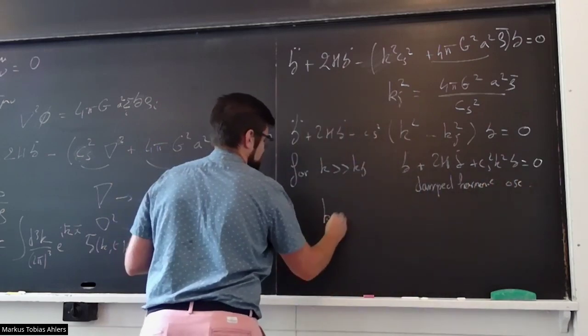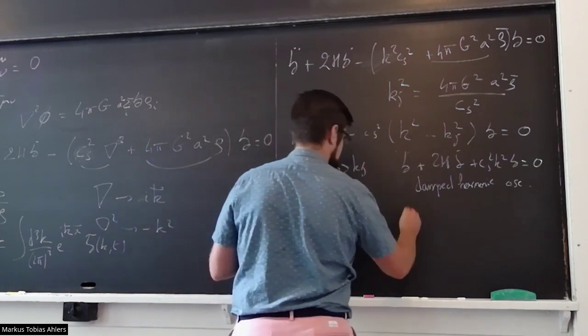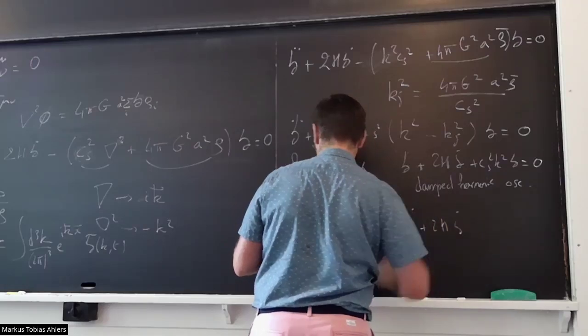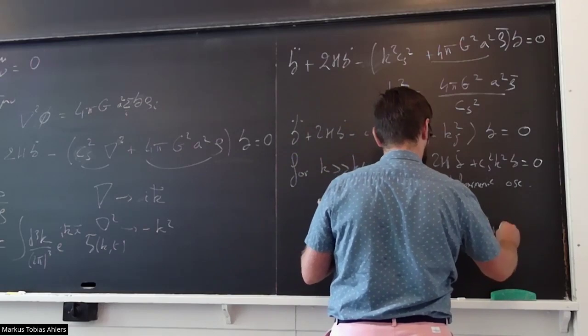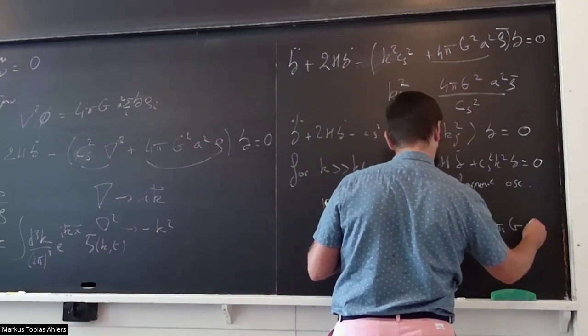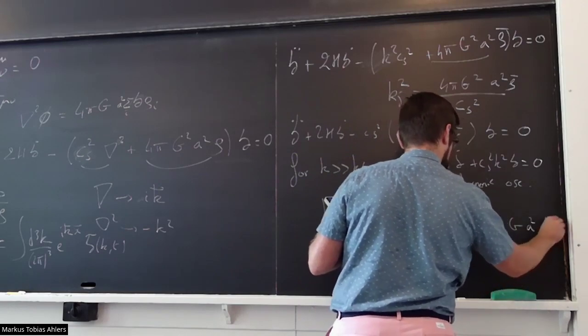And in the opposite limit, I just get a growth equation. I get delta double dot plus 2H delta dot minus 4 pi G, and I think in my notes I forgot an a squared, rho delta equal to 0. Sorry.